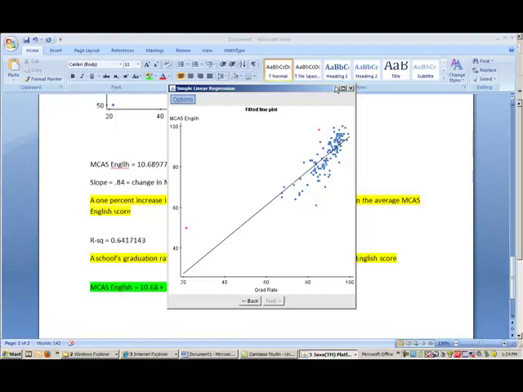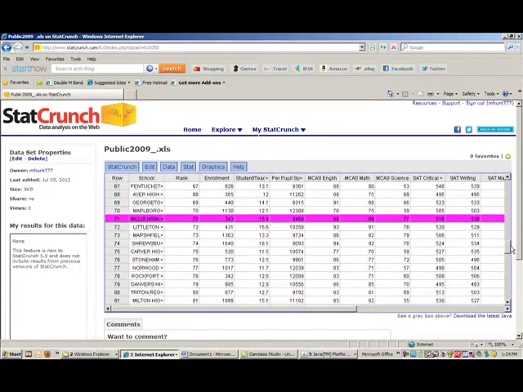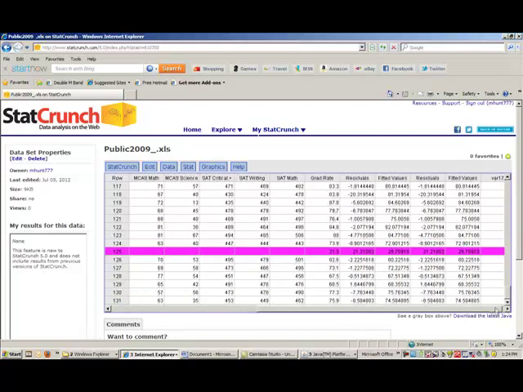And then we're going to go back to StatCrunch, and we're going to try to identify those two schools. One is Millis High School, and that's school number 71, and the other is Lowell High School at 125.